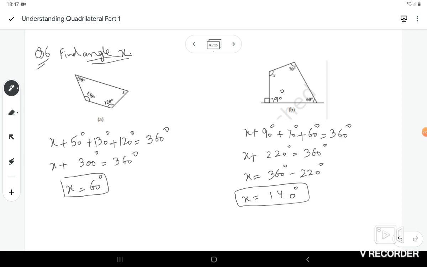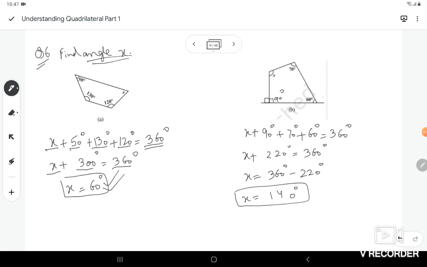It's the angle sum property of the quadrilateral. So x plus 50 degrees plus 130 degrees plus 120 degrees comes out to be equal to 360 degrees. x plus 300 degrees is equal to 360 degrees, and finally the value of x comes out to be equal to 60 degrees.